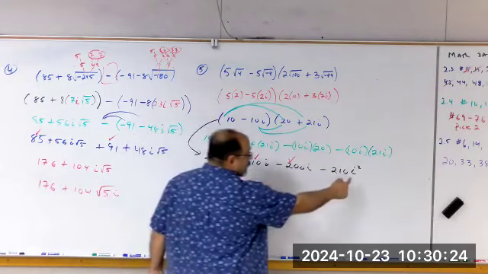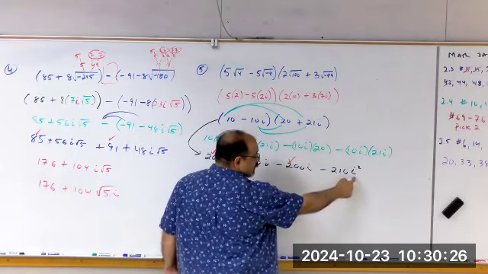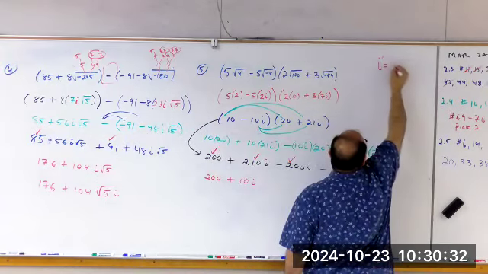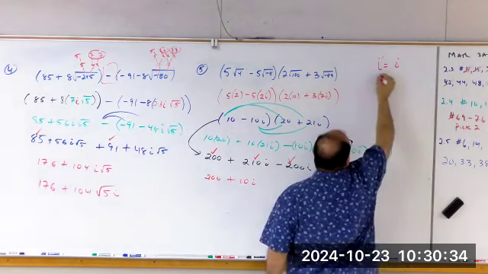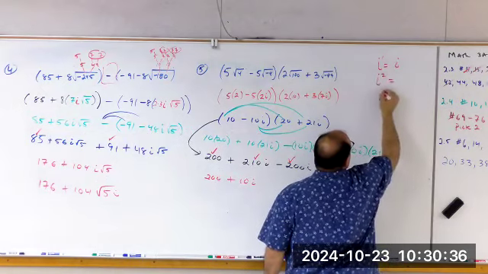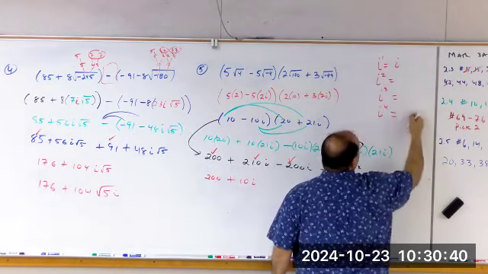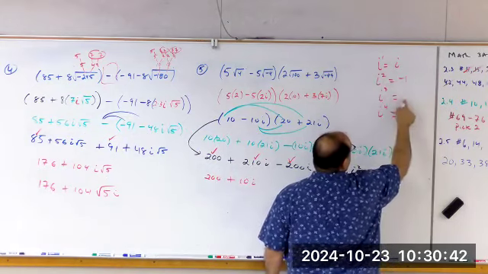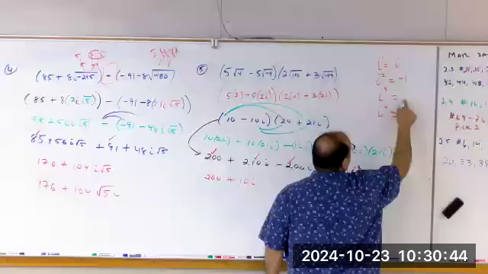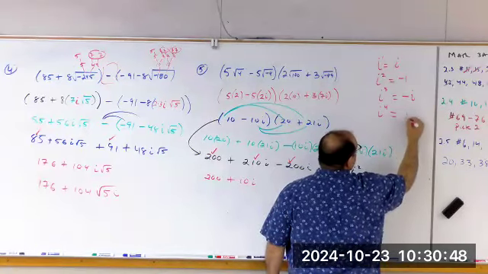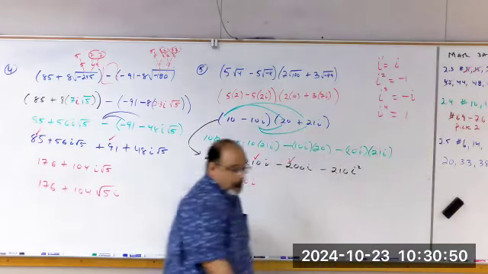What is i squared? i to the first is i, i squared is -1, i to the third is -i, i to the fourth is 1, and then it repeats.